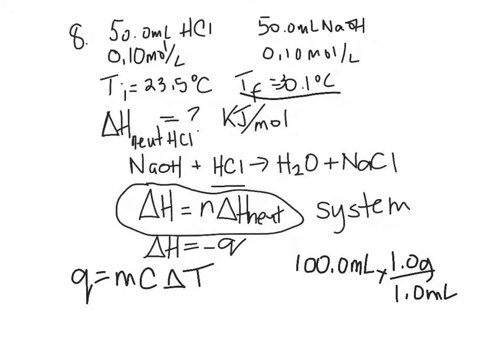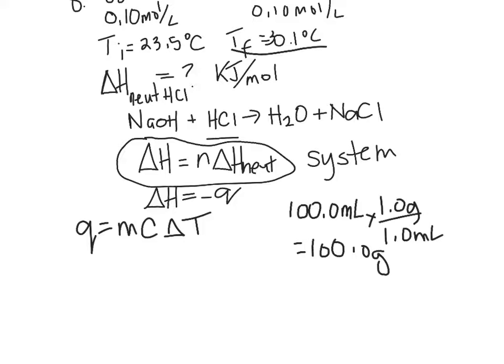This is one of those little things that you have to show. You can't stick milliliters when it says mass. You have to stick in mass. So you show the conversion of milliliters to grams.